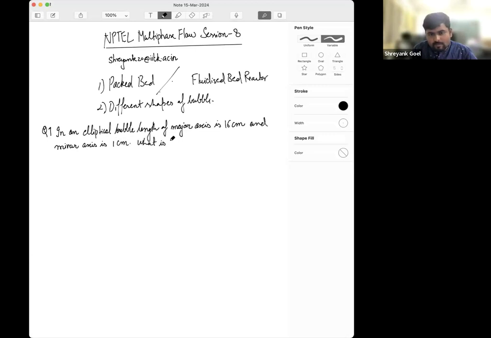What is the equivalent diameter of the bubble?